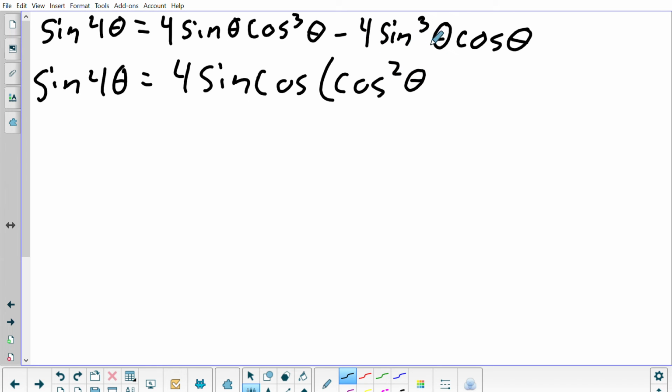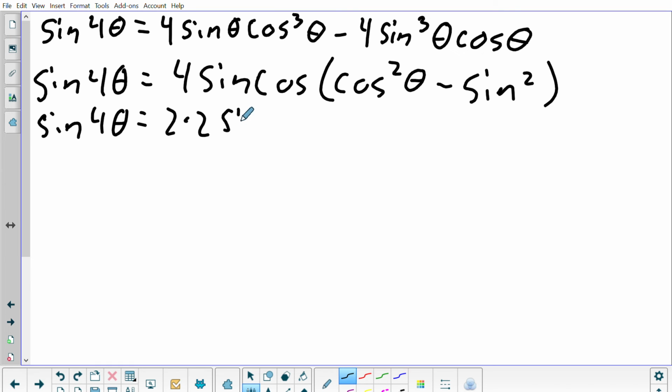And then what would be left here is sine squared. Okay? So I'm going to split this 4 up into 2 times 2. And then I have sine, cosine, and then I'm going to leave everything inside the same.